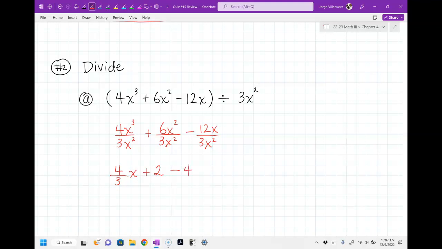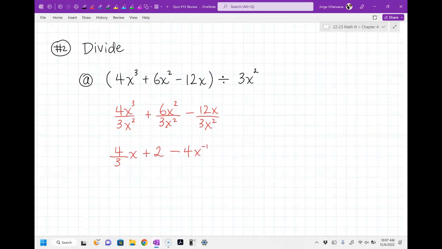What's x divided by x squared? So what does the power come out? It's 1 minus 2. Huh? Close. It's not 1, but it's close to 1. It's 1 minus 2, right? What's 1 minus 2? Negative 1. Okay? And that's a perfectly good answer.